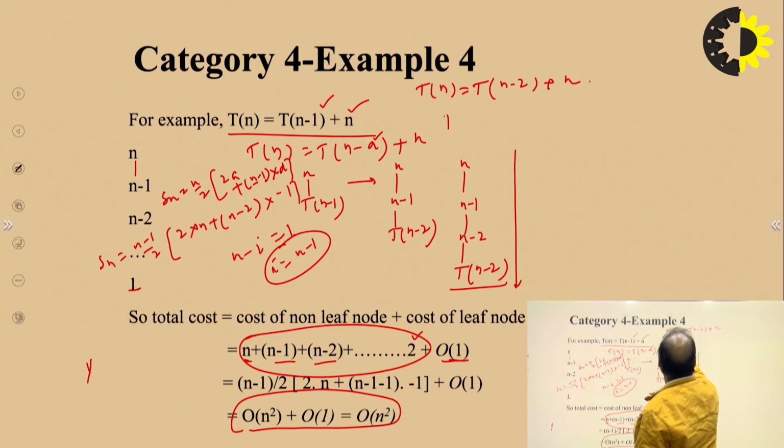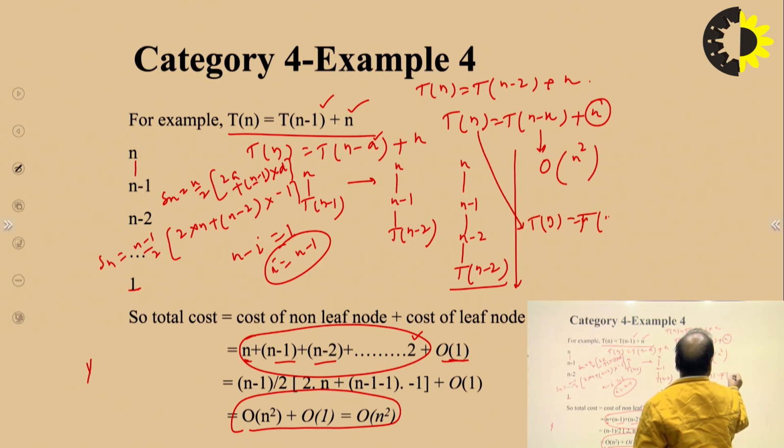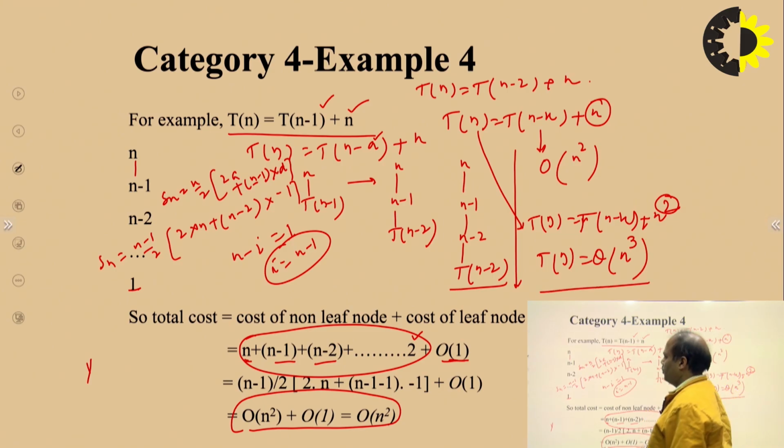In general, if T(n) = T(n-k) + n, its solution is always n squared. If the question is T(n) = T(n-k) + n squared, its time will be theta of whatever the value is, with the power increased by 1. So this can be approximated.